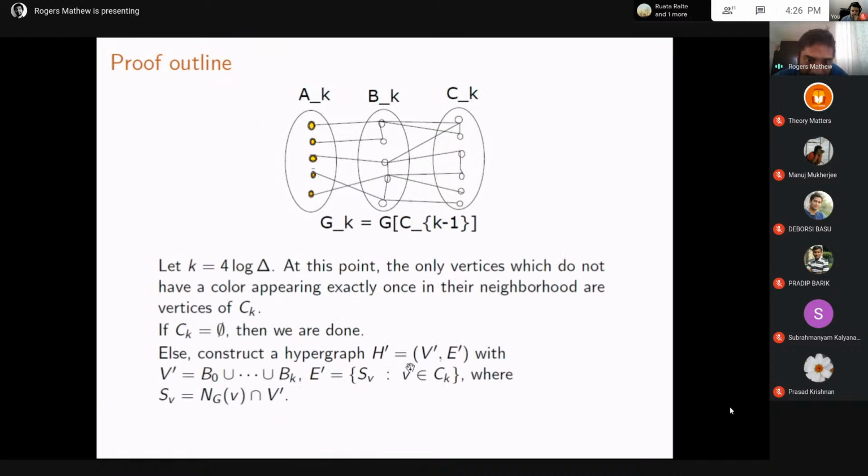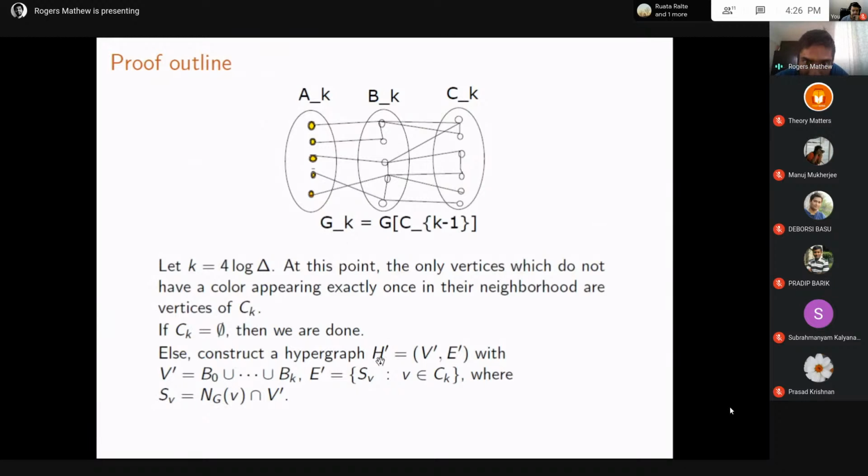What I said just now is that every vertex in Ck has at least one neighbor in Bk, at least one neighbor in Bk minus 1, and so on. You take a vertex V in Ck, the top vertex, and look at its neighbors in Bk, its neighbors in Bk minus 1, its neighbors in Bk minus 2, up to B0.